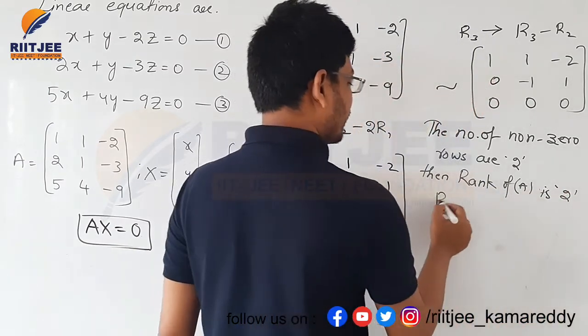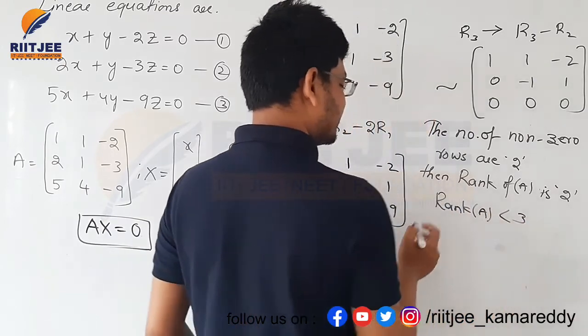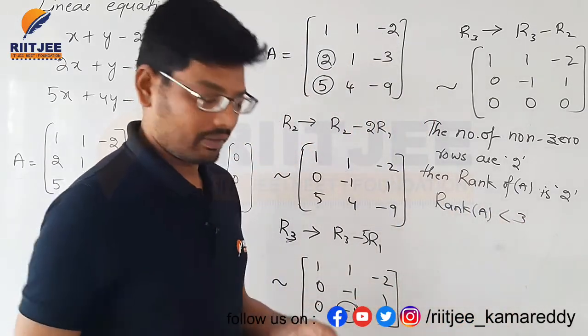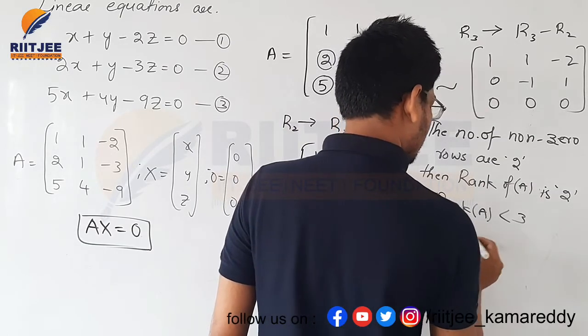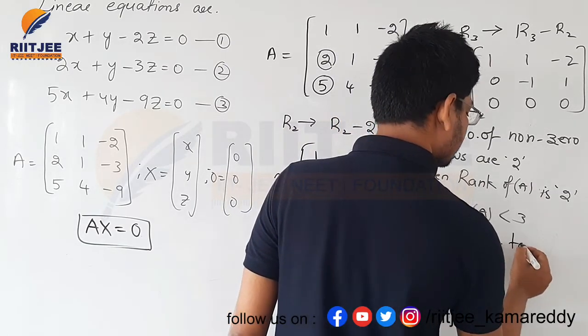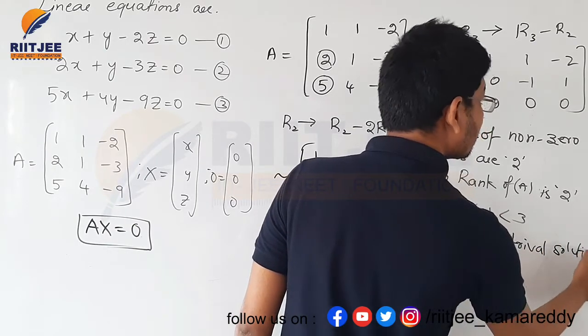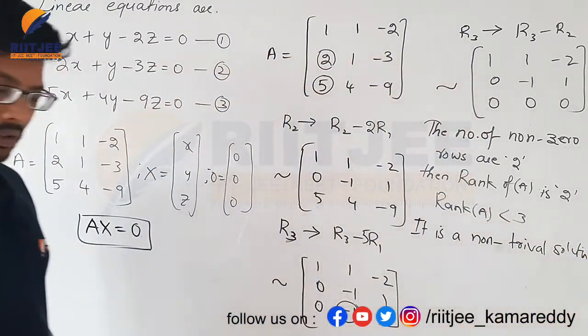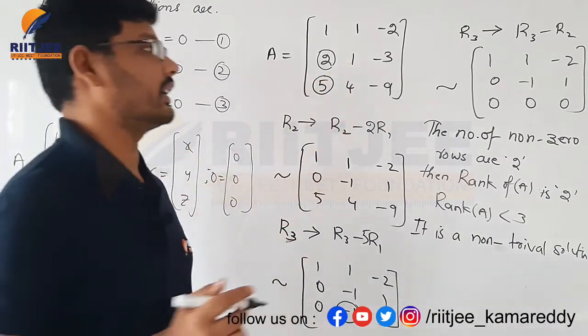So if the rank of A is less than 3, then it is a non-trivial solution. So for that non-trivial solution, I am finding the values here.